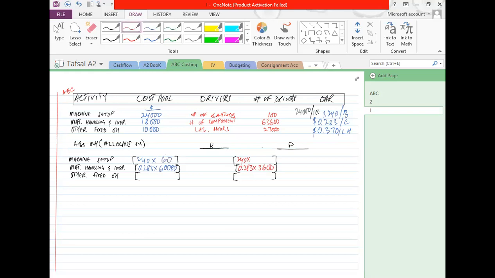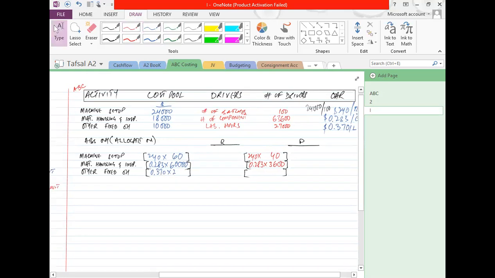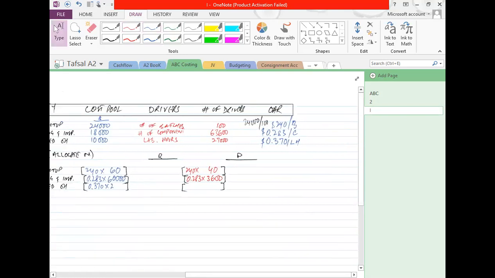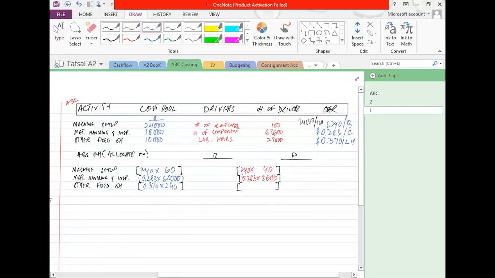Setups are 60. Here the setups are 40. Overhead rate 0.370. Labor hours 24 and 3. 24 for Rexine and 3 for Premier.